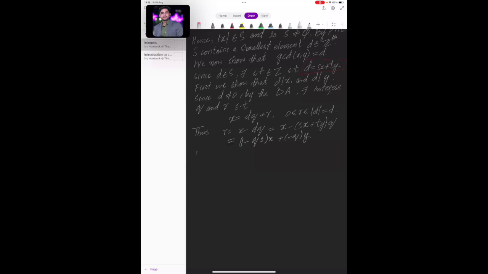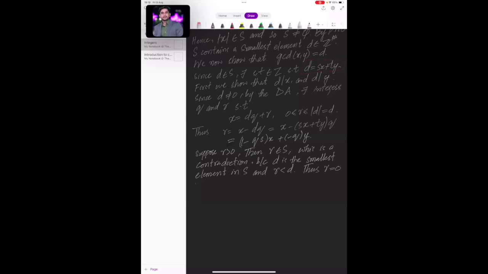And we suppose that R is greater than 0, then R is inside the set S, which is a contradiction, because D is the smallest element in S and R is less than D. Thus, R is 0.